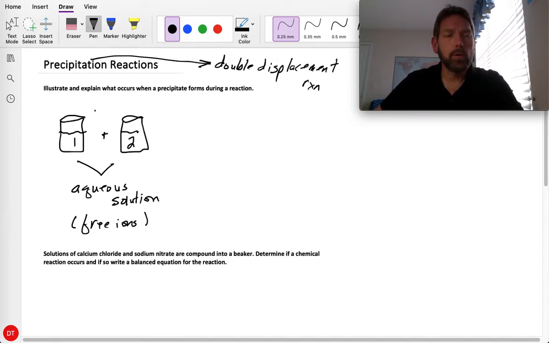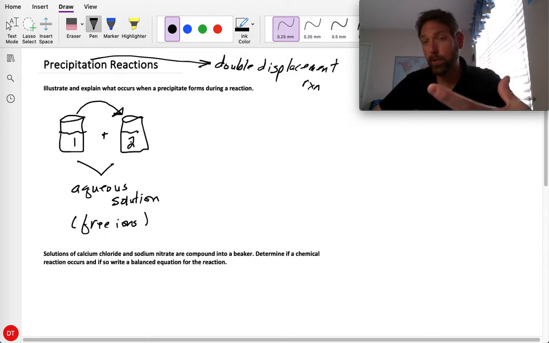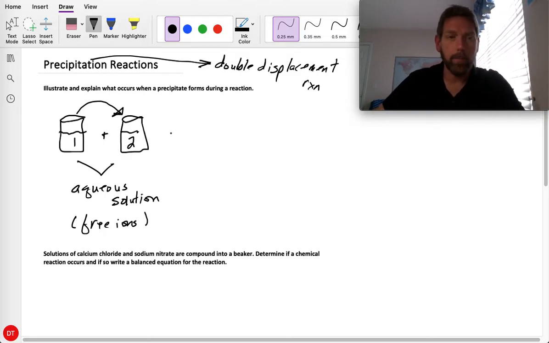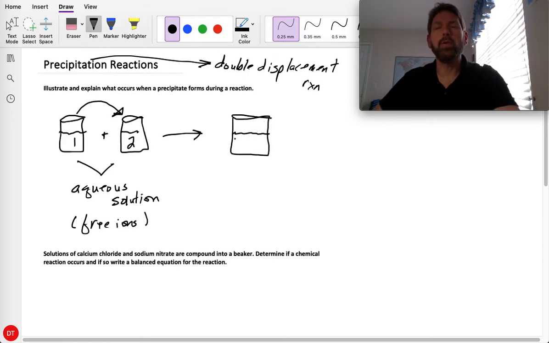If you were to combine these two together, so let's just say we pour all of this into the second beaker, which is large enough to hold that entire volume, some sort of reaction would occur, and we would have a combination of those two solutions.